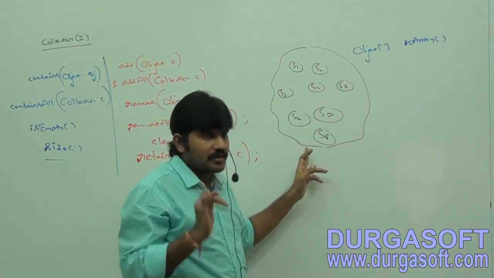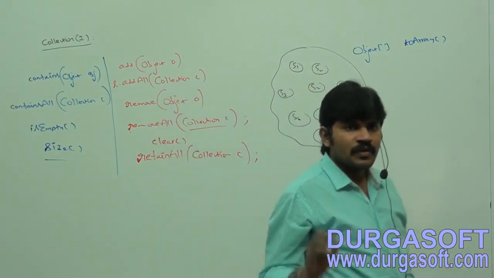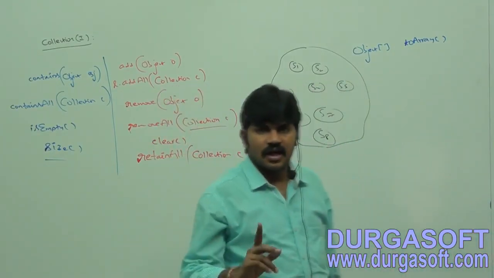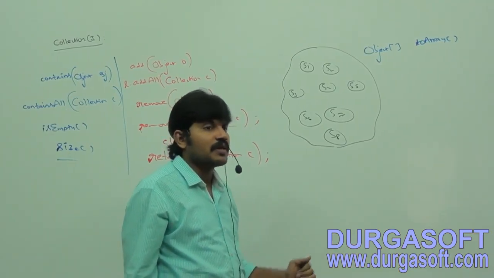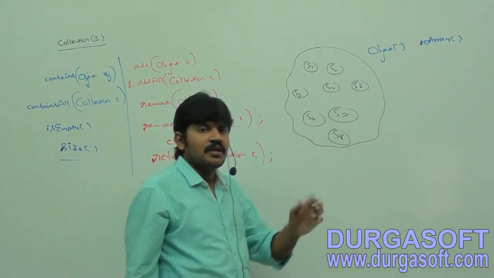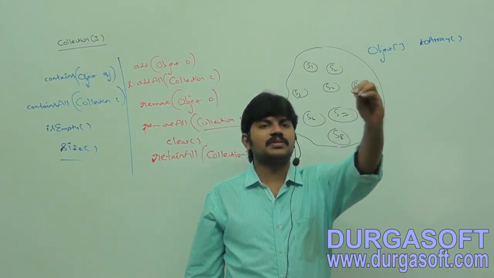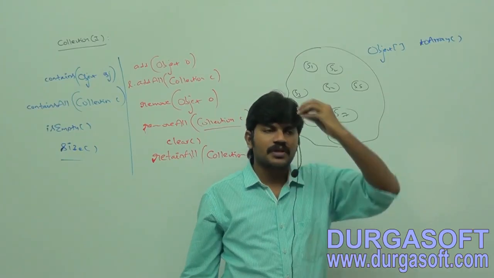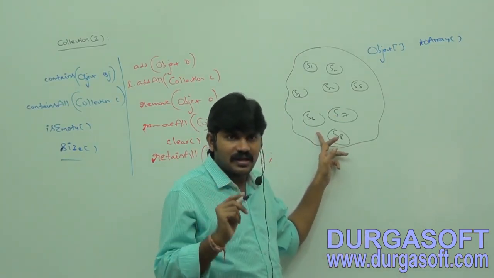Now a very important method. Sir, it's a collection. Can you tell what is a collection? A collection is a group of individual objects. Sir, I want to get these objects one by one. If you want to get these objects one by one, some cursor is required. The universal cursor, which is applicable for any collection object, is the iterator.